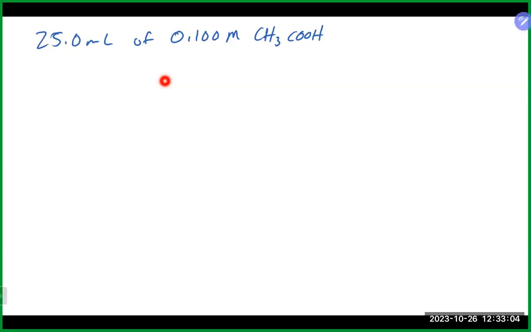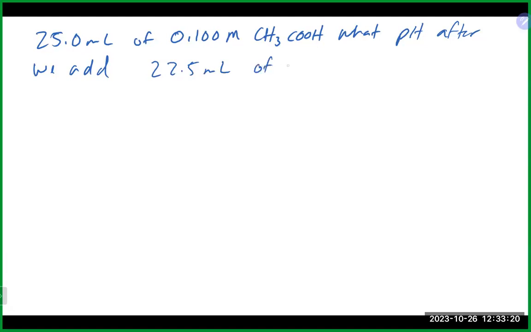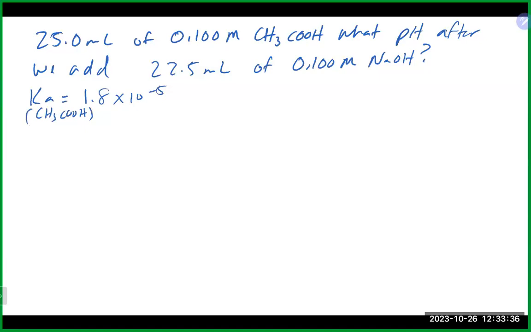And we want to know, what is the pH after we add 22.5 milliliters of 0.1 molar sodium hydroxide. And let us go with a Ka value of 1.8 times 10 to the minus 5 for acetic acid. All right, give it a go. See what you come up with. I'll do it as well.